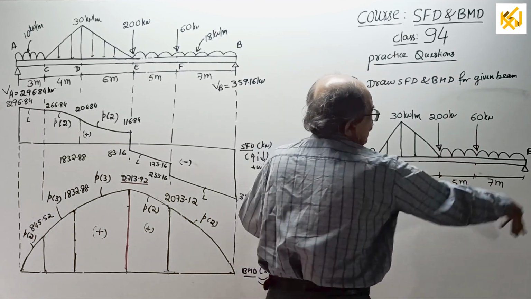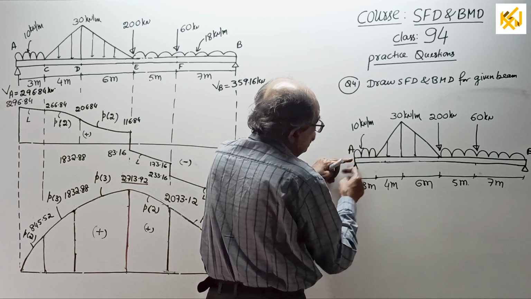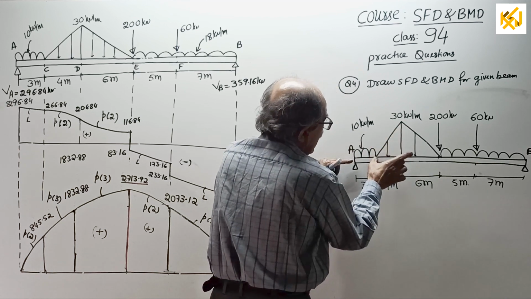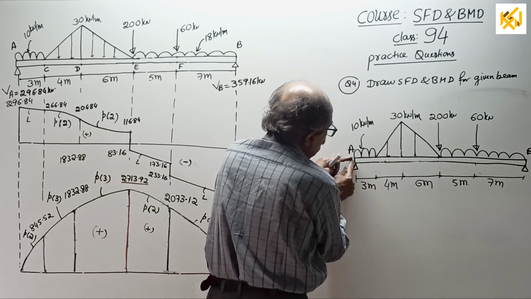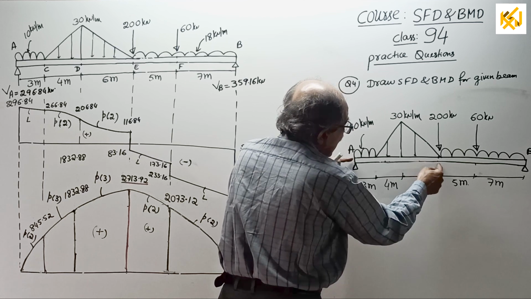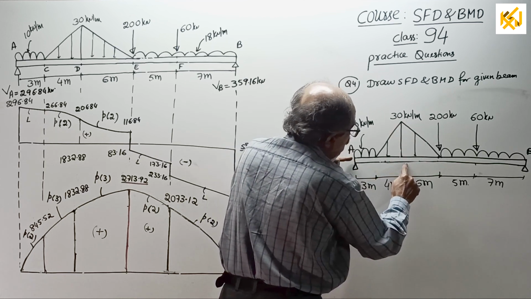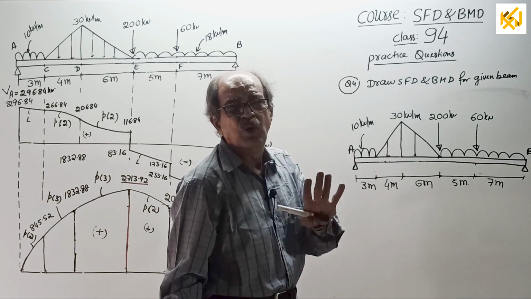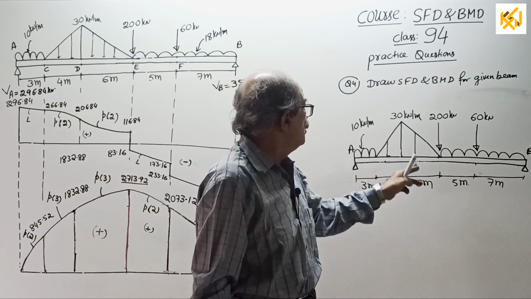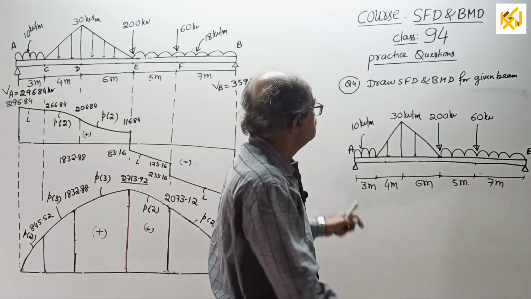Minus VB into 25 plus 10 into 3 into 3 by 2 plus half into 4 into 30, this side UVL, half into 4 into 30 into 3 plus 2/3 of 4. And once again, half into 6 into 30 into 7 plus 1/3 of 6. This was all thoroughly explained earlier when I explained how to find the moment of uniformly varying load. Go back there, learn and come back.